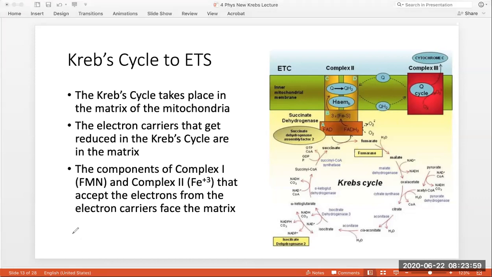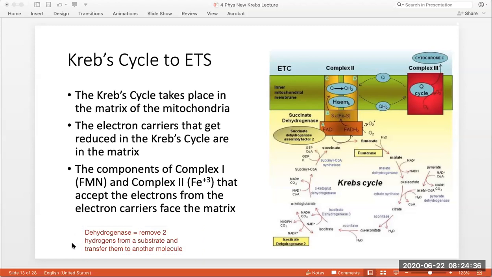So this is an enzyme that you need to make sure you know, to recognize its name and what it does. A dehydrogenase is going to remove 2 hydrogens from a substrate and transfer them to another molecule.